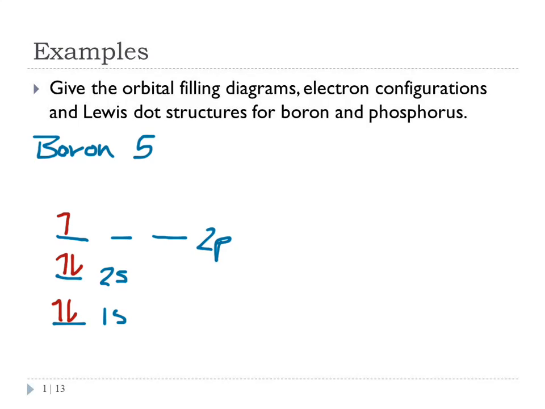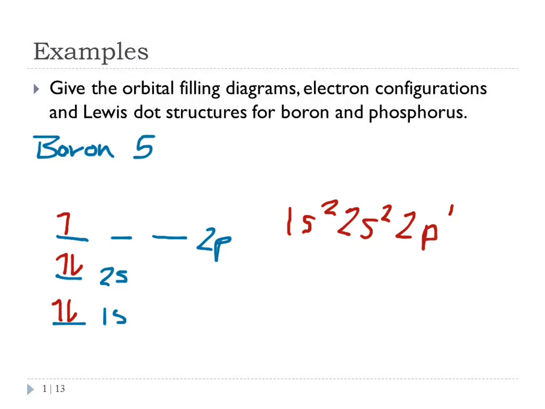So we're just putting them in, lowest energy to highest energy, and that would be the filling diagram. The electron configuration, we're just going to summarize that. It's like a chemist's shorthand. 1s2, 2s2, 2p1. And as a check, you can always add up these superscripts. They should add up to the same number of electrons that that atom has.